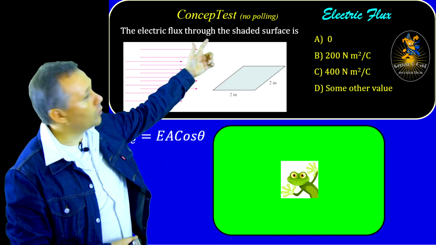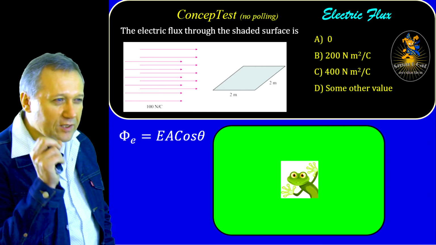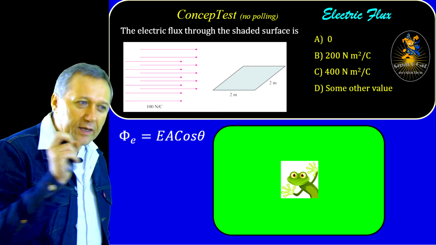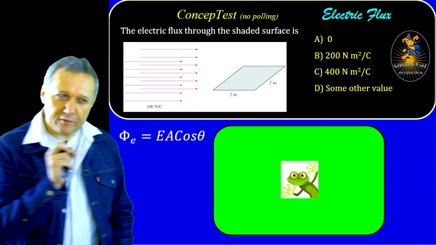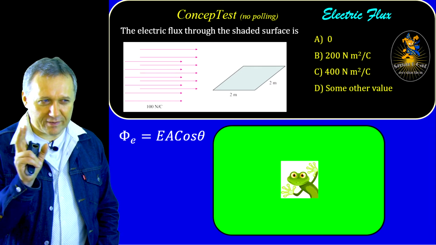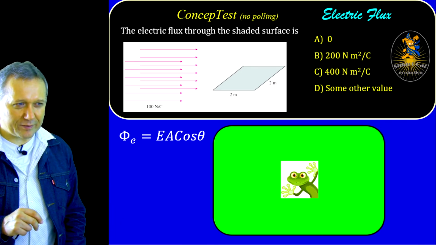You see, I wrote no polling. So what will be the flux? You can think, maybe use the formula. And also, can you think conceptually? Can you justify your answer conceptually? I'll give you like 5 seconds, and then I will give you my reasoning.